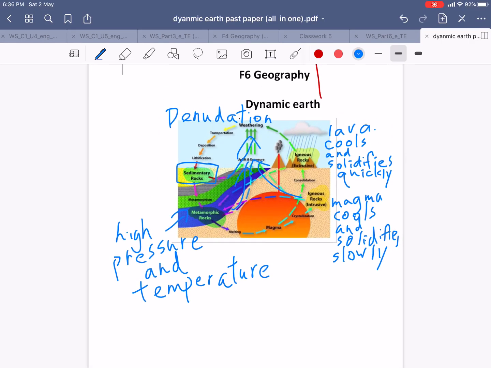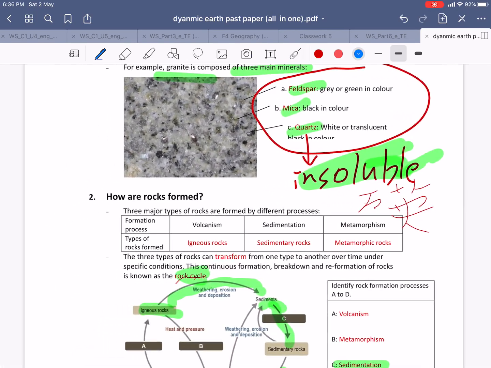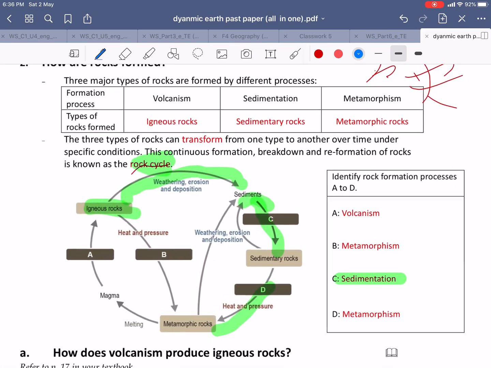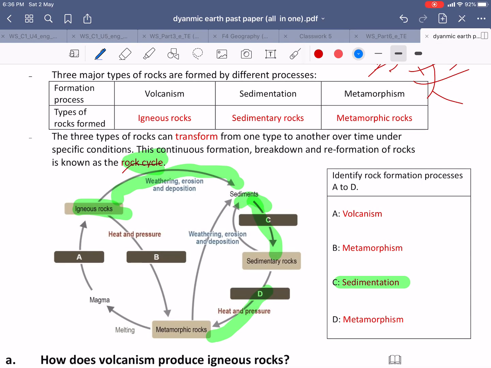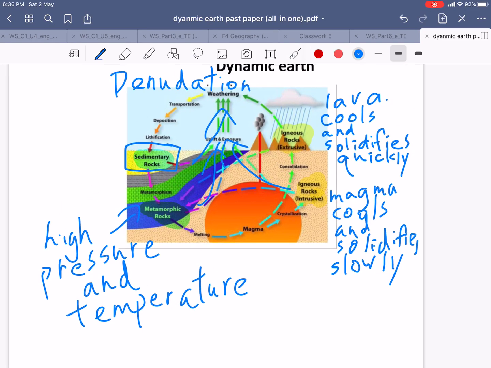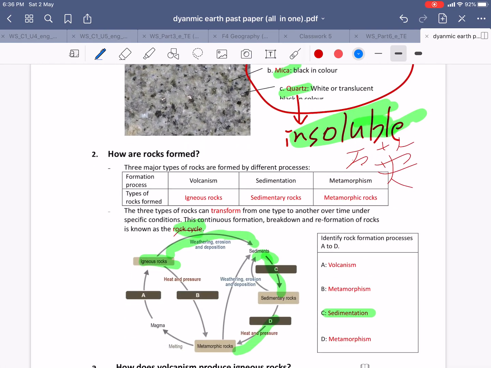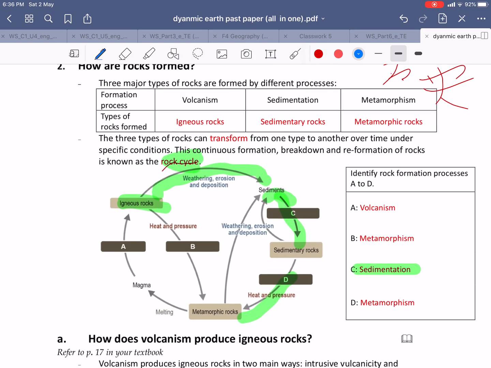Next, I would like to remind you of this rock cycle first. The one on the cover page is the most detailed explanation of the rock cycle. If you want something simplified, you can refer to here.